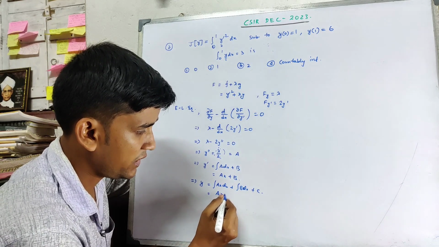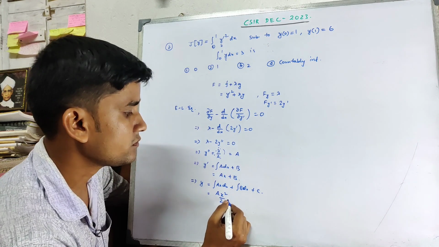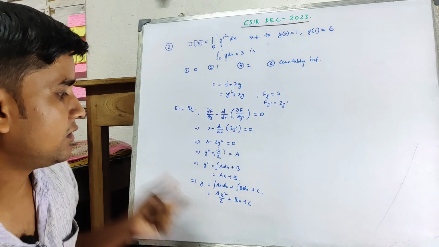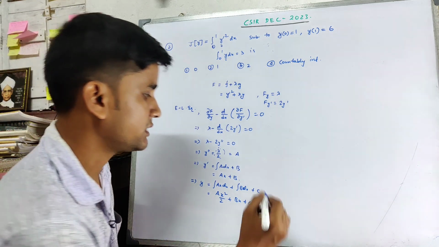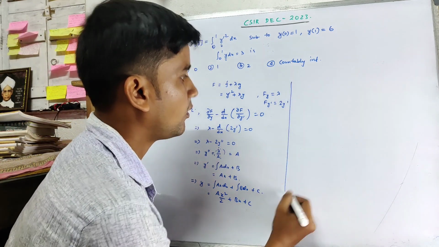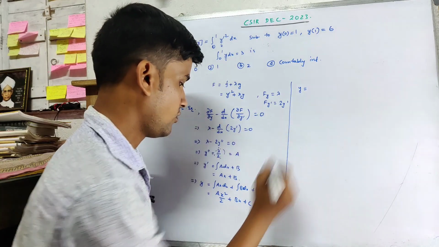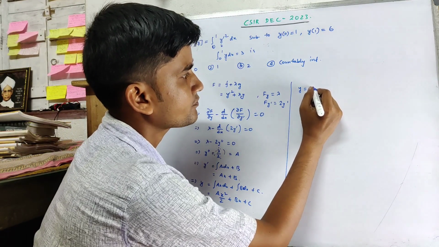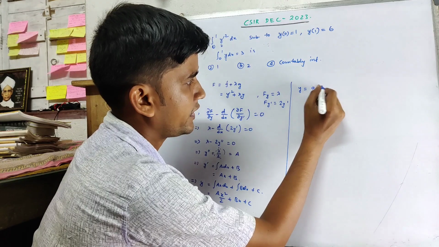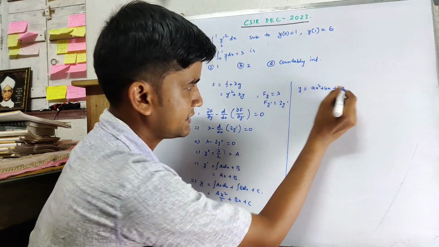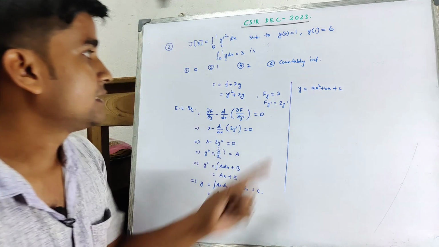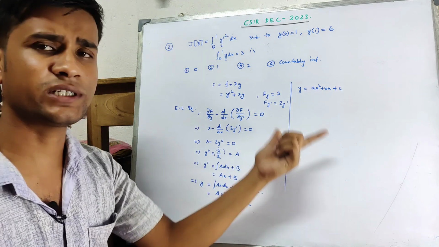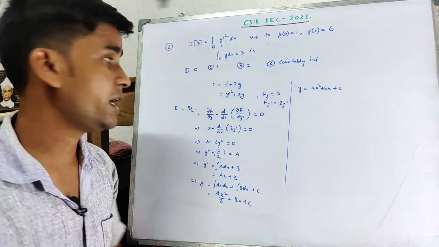So this is equal to ax square by 2 plus bx plus c. Now since a by 2 is again a constant, we can write y simply as a1 x square plus bx plus c. This is the general solution, and you can take the constants as you choose.